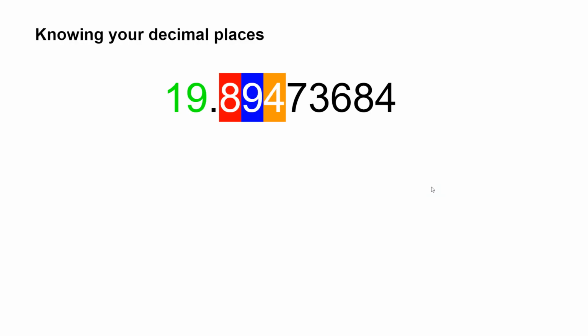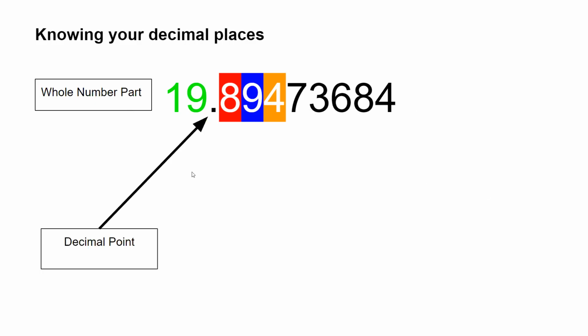In order to round effectively, we need to be aware and know how to find the decimal places. So here we have a number, 19.894738684. The whole number part is in green. That's the number 19. Then we have the decimal point.